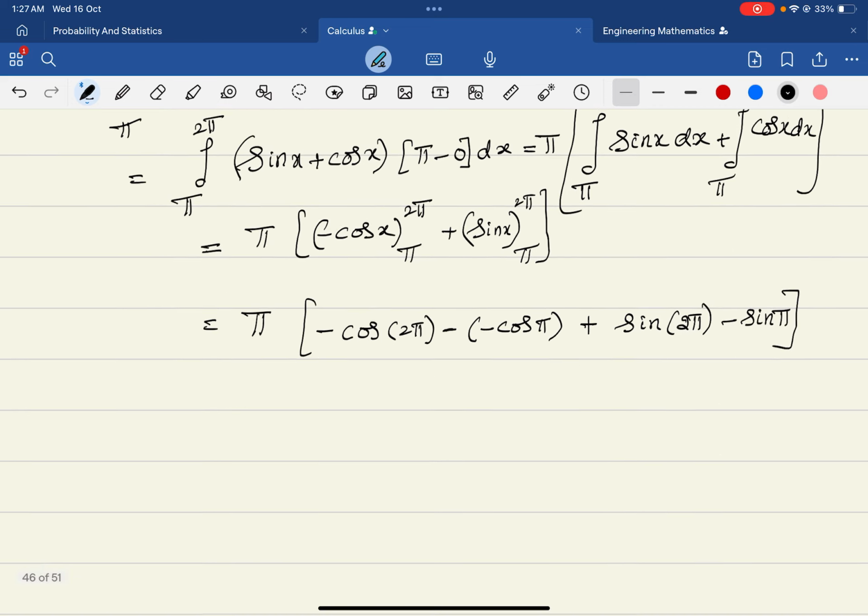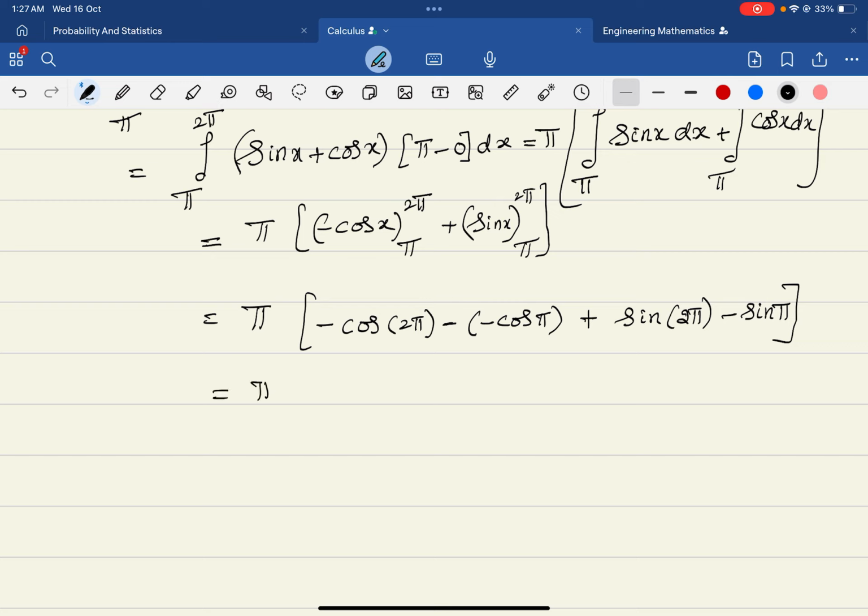So let us now see the values here. All of you should know at least a few values of cosine. Sin pi, sin 2 pi, sin 3 pi, sin n pi, in fact all of them are zeros, okay?